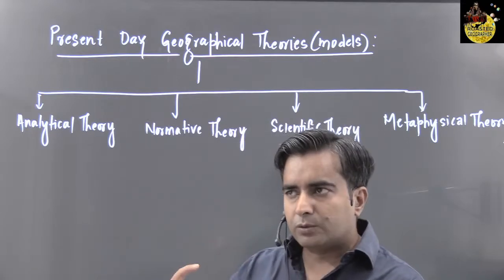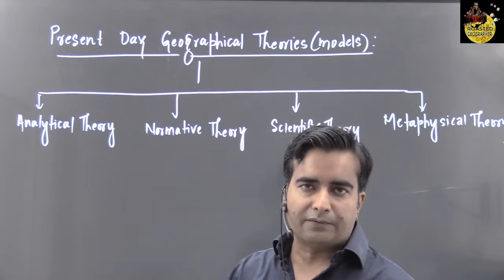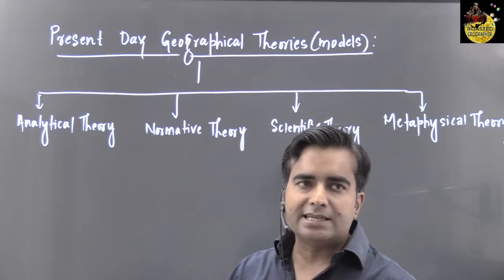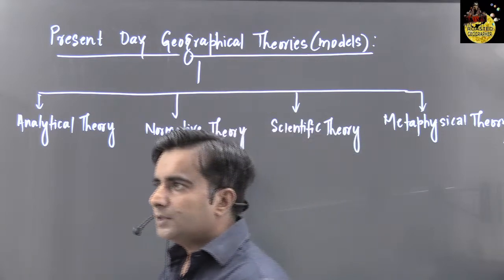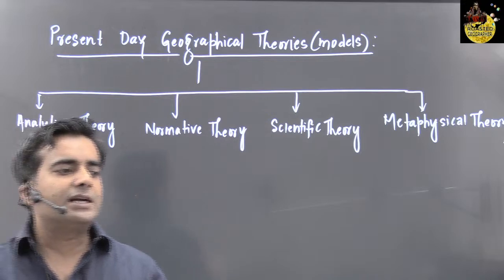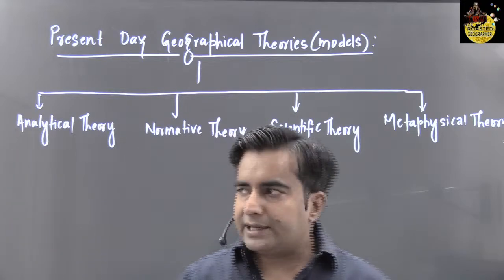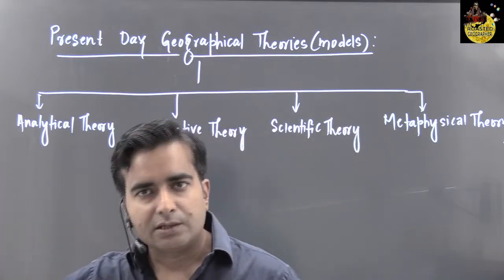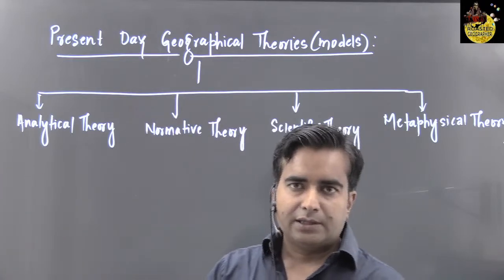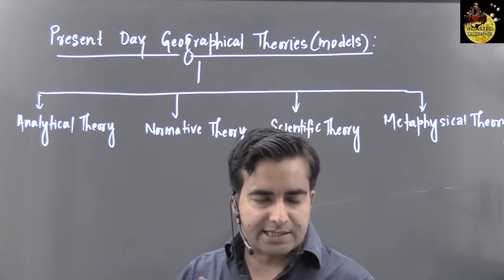It is easy to create models for physical geography, because it is science-like. Geomorphology you have read, climatology you have read. So mathematical calculation and mathematical data is required. So analytical is mostly used for physical geography, though it can be utilized in human geography as well. It is not that one uses it and the other does not.